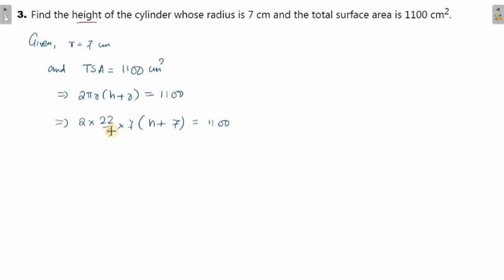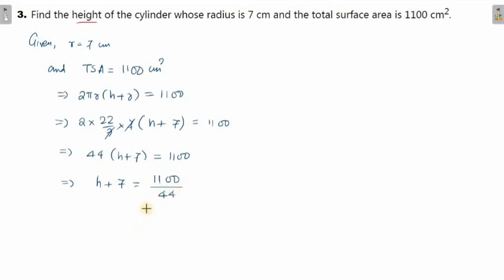Now 7 and 7 get cancelled, isn't it? So 2 into 22 is 44. So 44 into h plus 7 is equal to 1100. Now if you want to open the bracket, that can be done. But let's do one thing. Bring this 44 to the denominator. So you get h plus 7 equals 1100 divided by 44, isn't it?